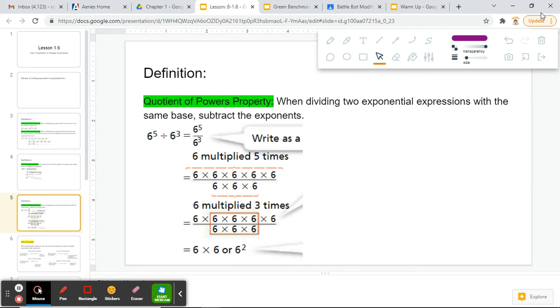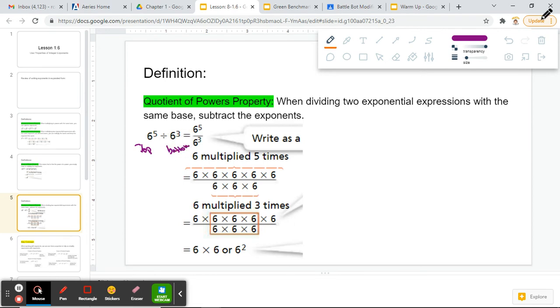Okay, last one here, we have the quotient of powers property. So in dividing two exponential expressions with the same base, we simply have to subtract the exponents. The example we are given here is 6 to the 5th divided by 6 to the 3rd. We could rewrite this as a fraction. That's the first thing you're going to want to do. You're going to want to put the first number on top and the second number on bottom.